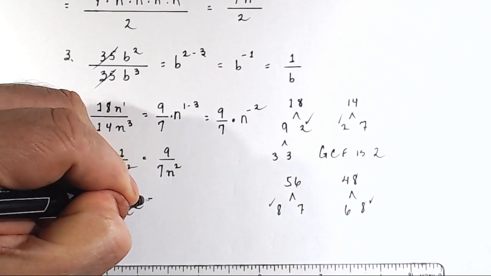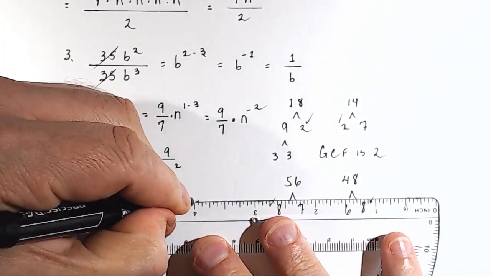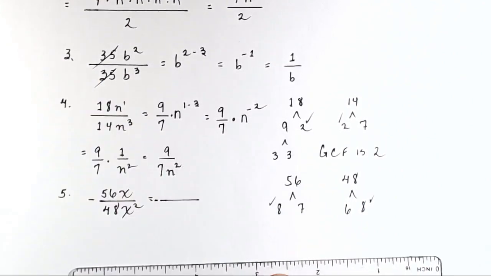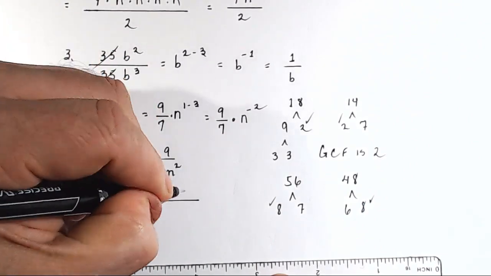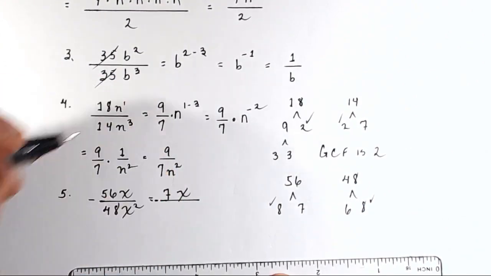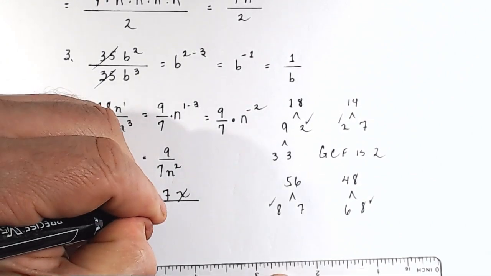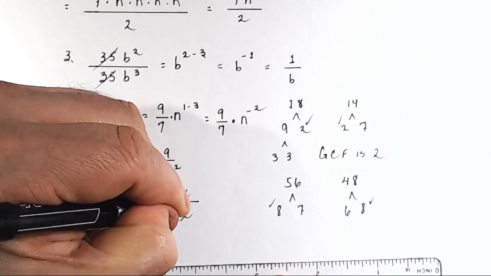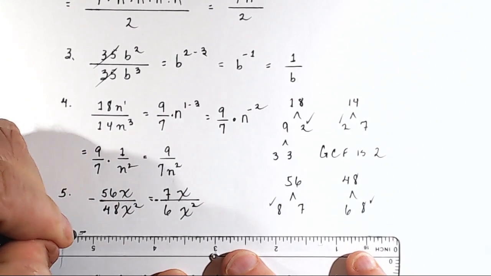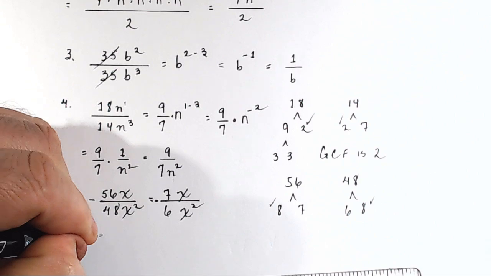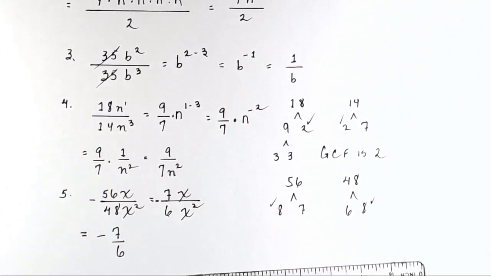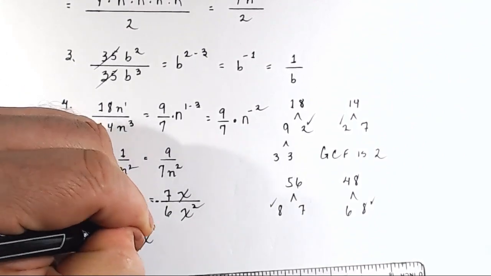So let's rewrite this. 56 divided by 8, remember it's negative. Don't forget that negative sign. 56 divided by 8 is 7. And we'll write the x. And then 48 divided by 8 is 6. And we'll write the x squared. And now we use the quotient rule. Rewrite negative 7/6 times x to the 1 minus 2.